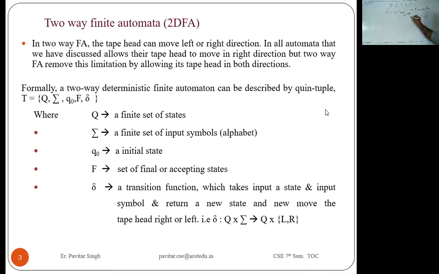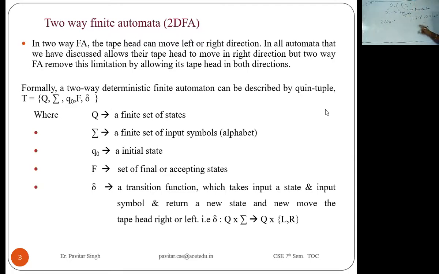This is the delta for finite automata, Q into sigma goes to Q. By attaching L comma R, this is the transition function for two-way finite automata, or you can say 2DFA.